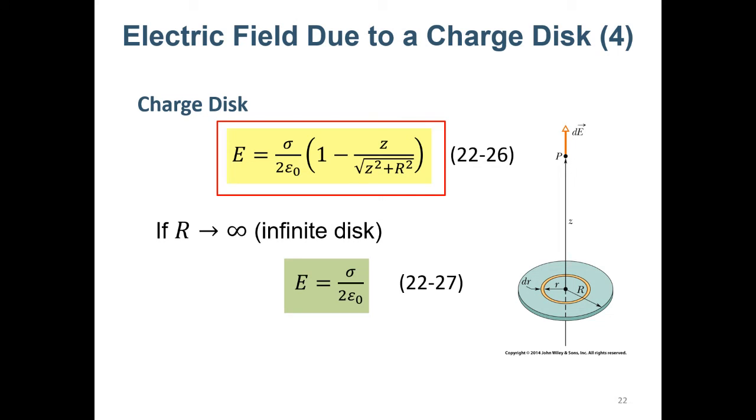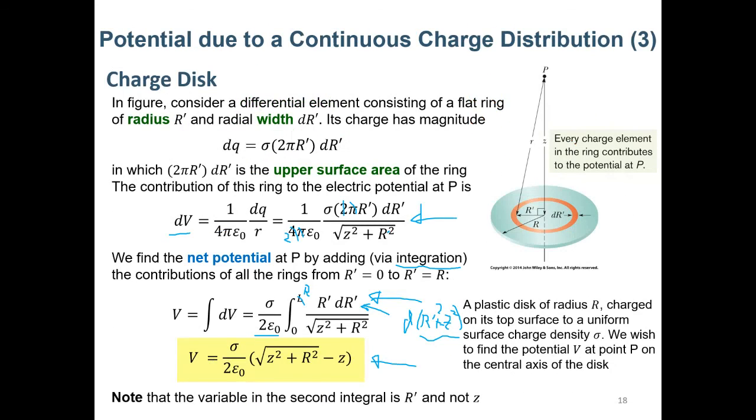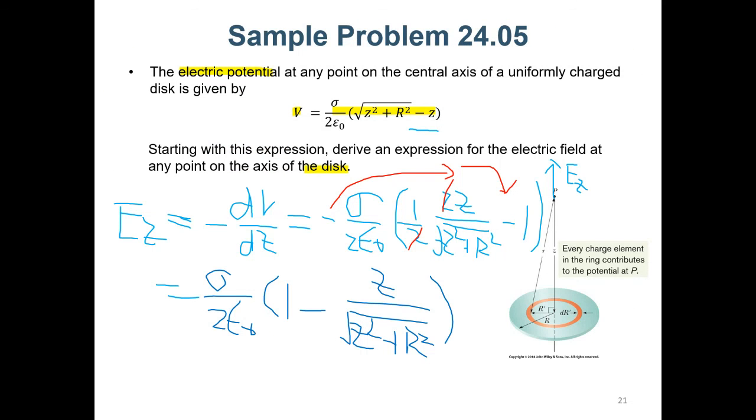So you need to consider something like cosine theta. But here, considering the electric potential is easier, so we can calculate this expression easily, and finally we can just take this derivative and know the z component of the electric field. So that's why we need to learn the electric potential in this chapter.